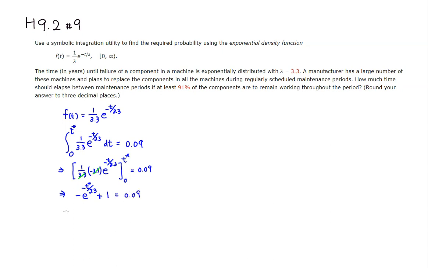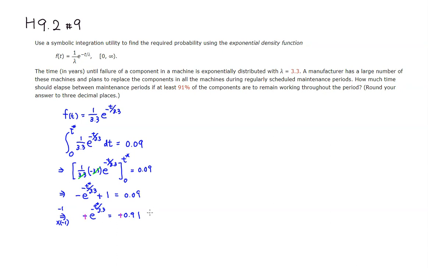Then we can subtract 1. So you have a negative e to the negative t star over 3.3 is equal to negative 0.91. I'm going to go ahead and multiply by negative 1 so that I don't have to see the negative sign. So that's going to be a positive sign and a positive sign.